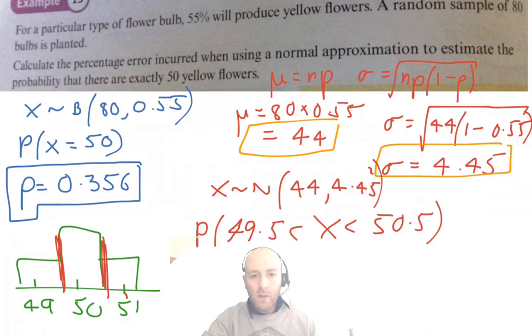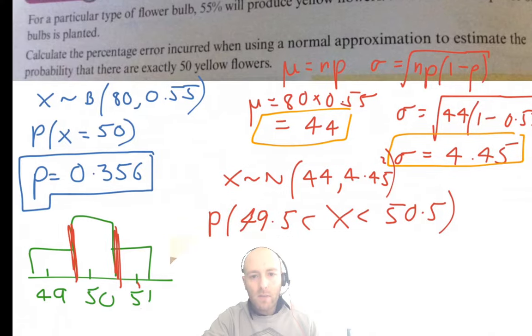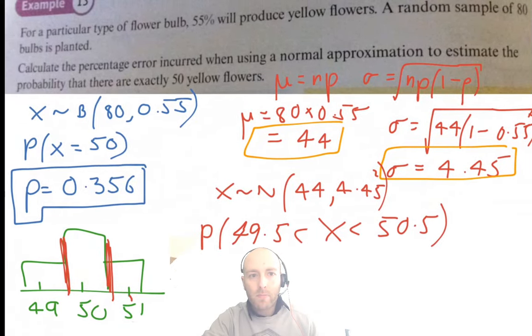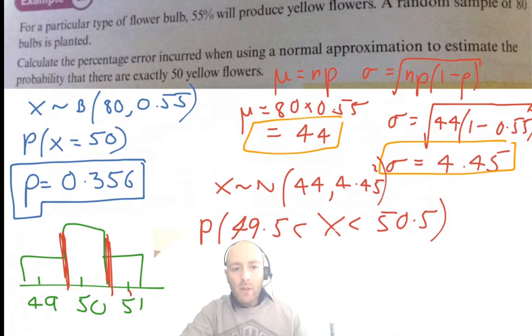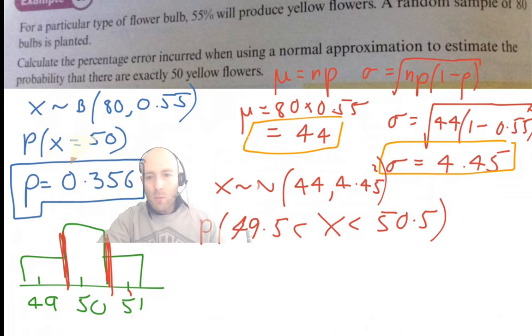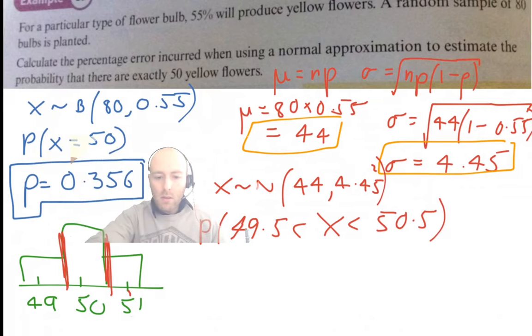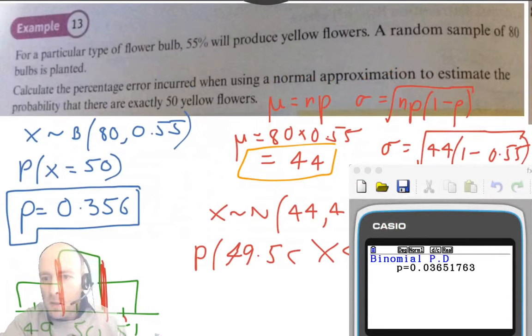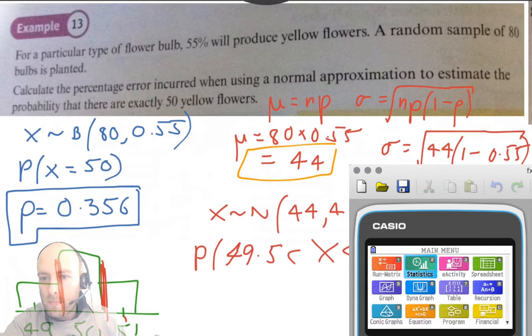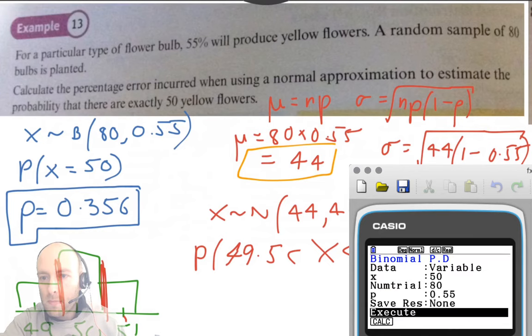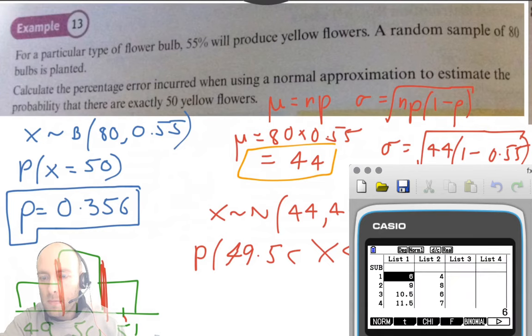So 49.5 to 50.5. Cool. Right, so I'll bring the calculator back up and we will work this one out. So there we are, and we're looking for normal, and CD because we're cumulative.